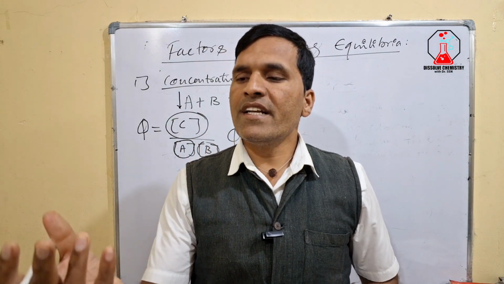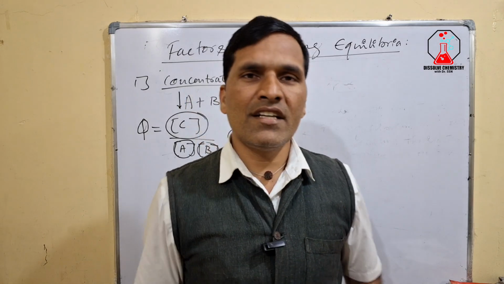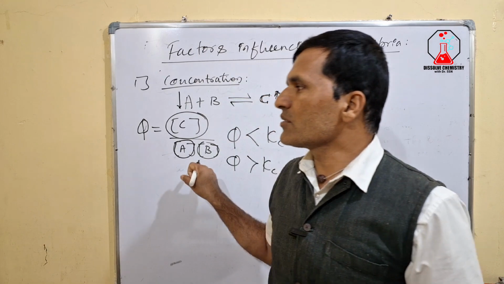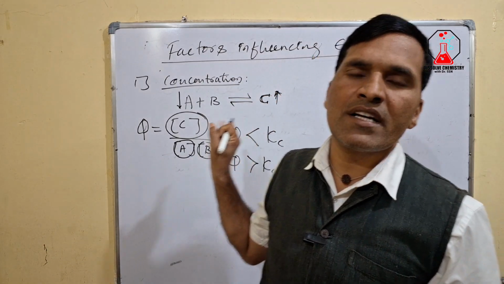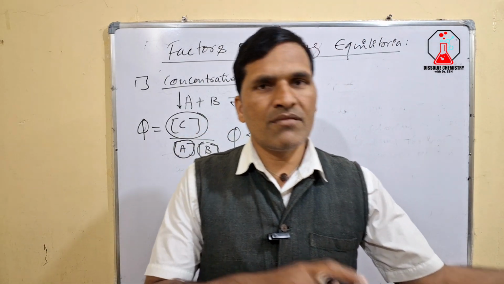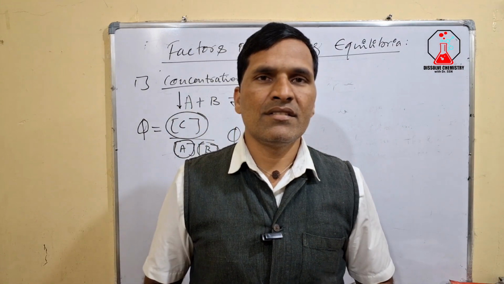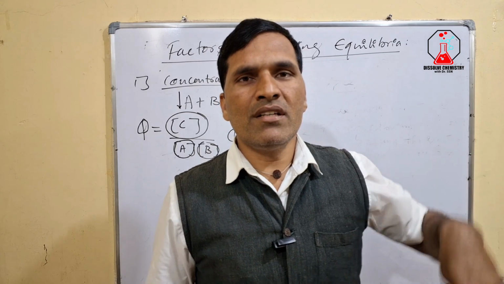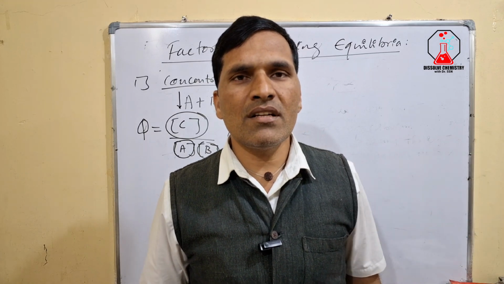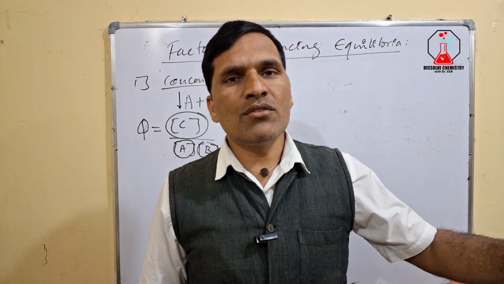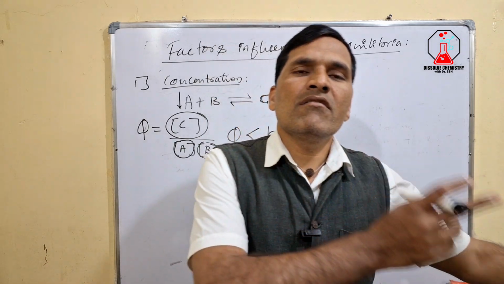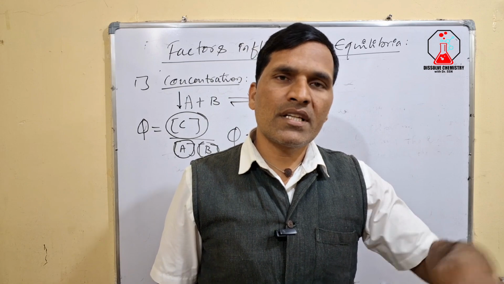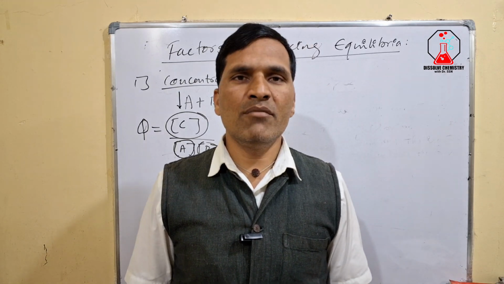Now, if I decrease the concentration of the reactants, the numerator term becomes smaller and your Q becomes greater than Kc, so the reaction will shift in the backward direction. If I remove the formed product, a decrease in the concentration of the product leads to a shift in the equilibrium in the forward direction. That leads to re-establishing a new equilibrium.